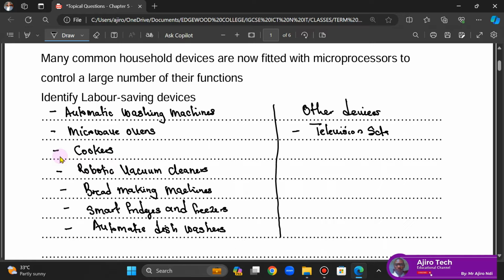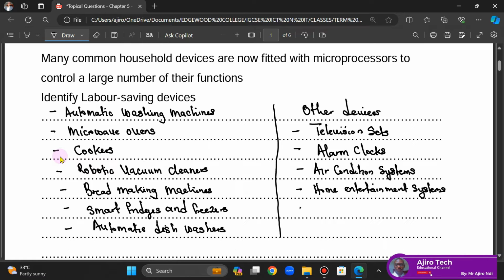We have television sets, alarm clocks, air conditioning, central heating system or air conditioning systems, home entertainment systems.